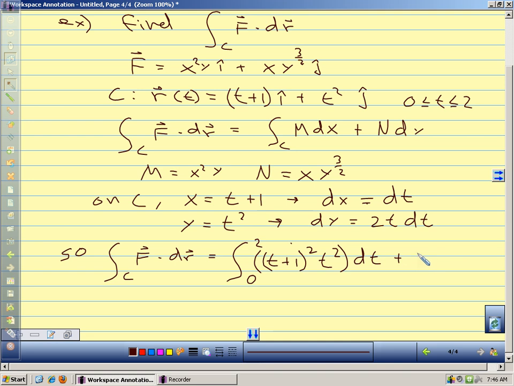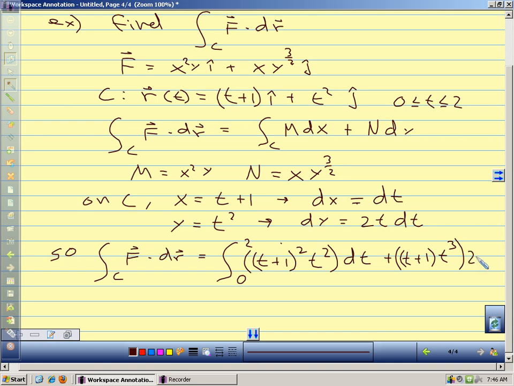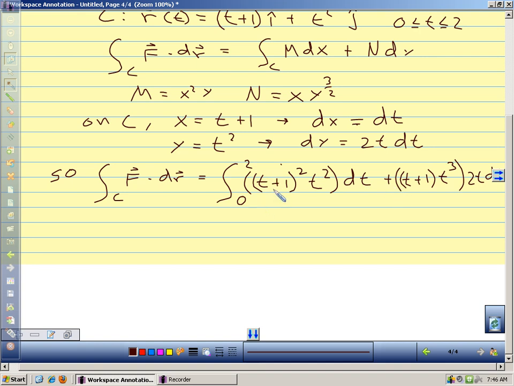So I get t plus 1 times t squared to the 3/2, which is just t to the 3rd, times dy, which is 2t dt. So that's my integrand. And when I evaluate that, this is an easy evaluation. We just have polynomials. So this comes out to 256 over 5.